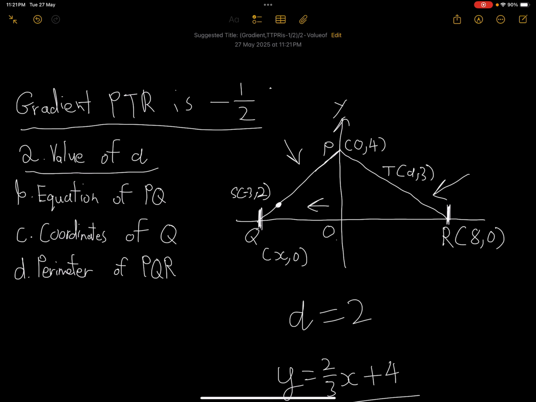We know that from O to Q is -6, as we know that the x value of Q is -6. And we know that since R is (8, 0), it means that the length here is 8.